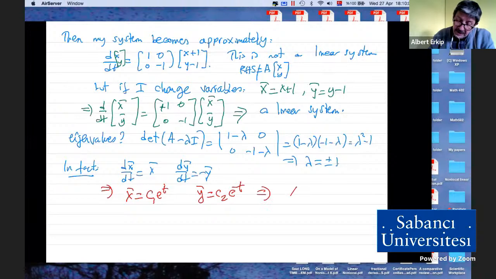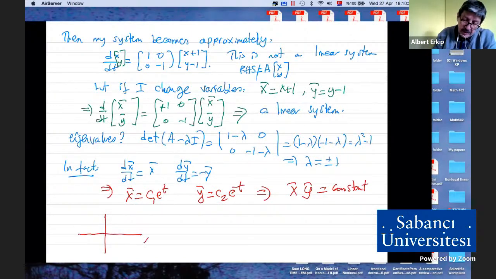So this would give x bar y bar equals constant. So the pictures are, in the x bar, y bar plane, x bar y bar equals constant.